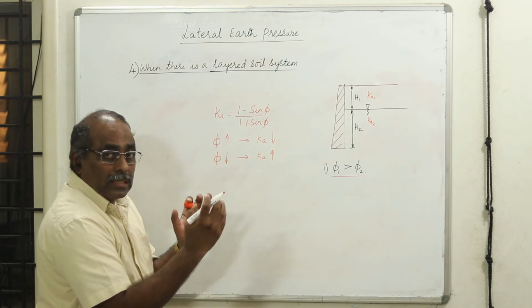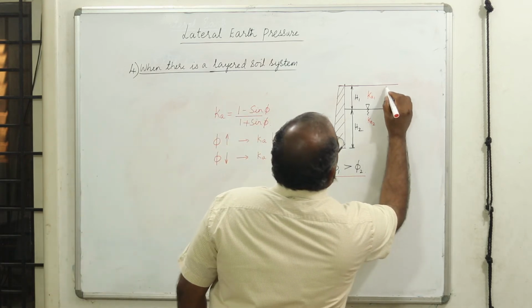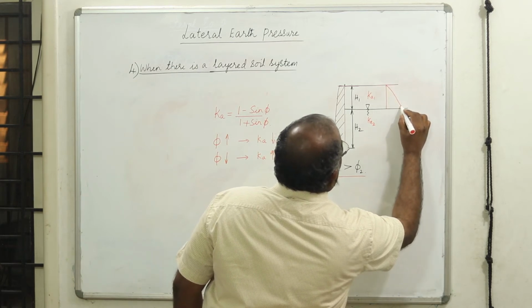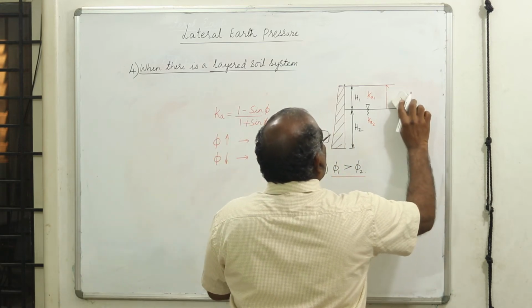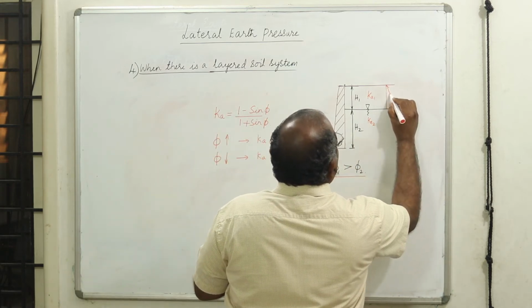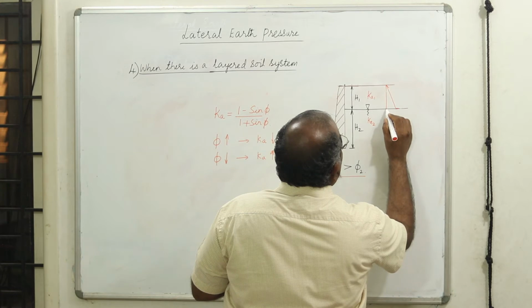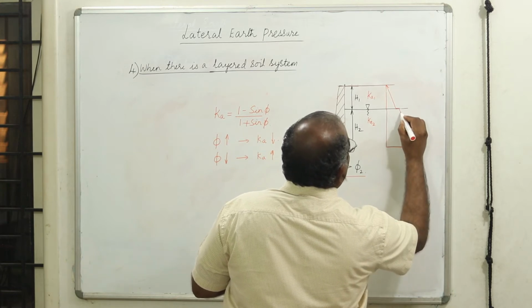Therefore, it has got a tendency to move and it creates a lot of earth pressure. Therefore, I will have some pressure distribution like this, and at the interface your pressure increases. At that interface, you are going to have 2 pressure distributions, 2 values.